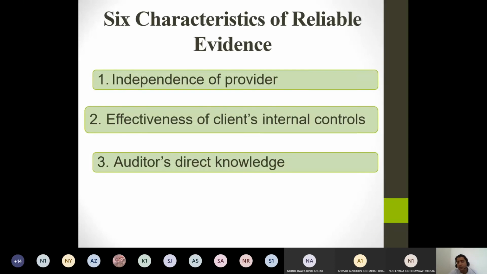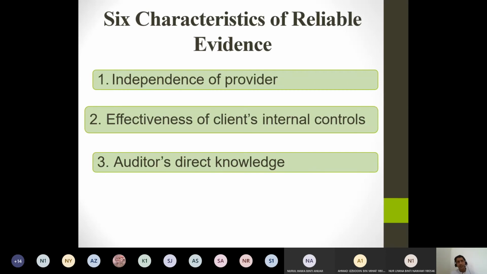So it is about the auditor's knowledge about the client, accumulated information or experience from the previous years. So the auditors have direct knowledge about this transaction and this client's evidence, so it will affect the reliability of evidence. Let me give you an example.